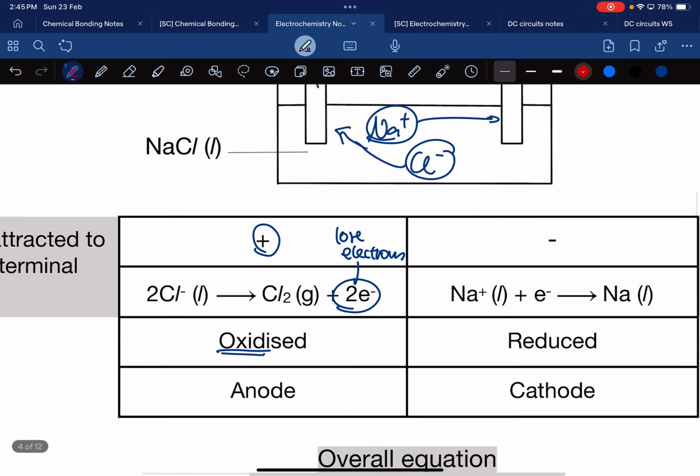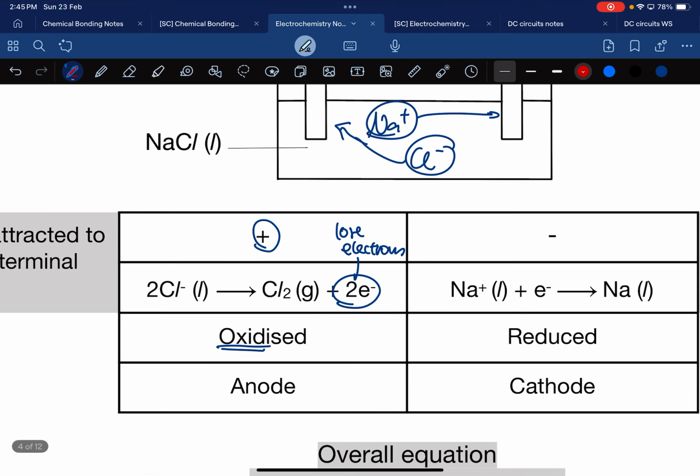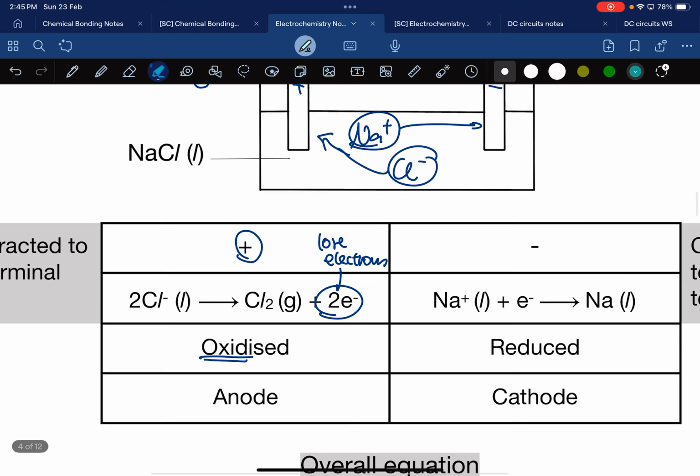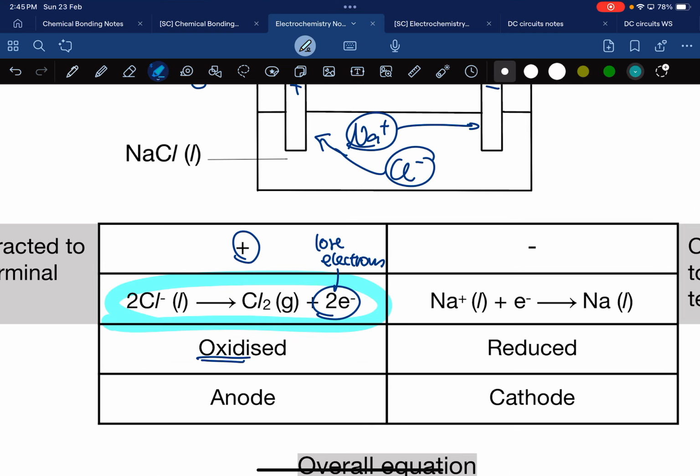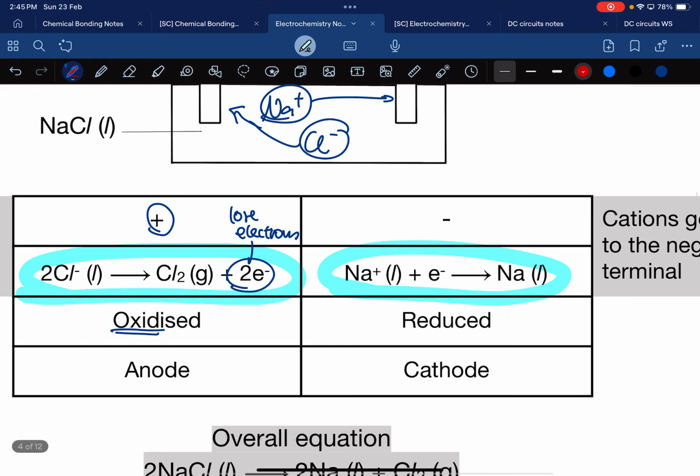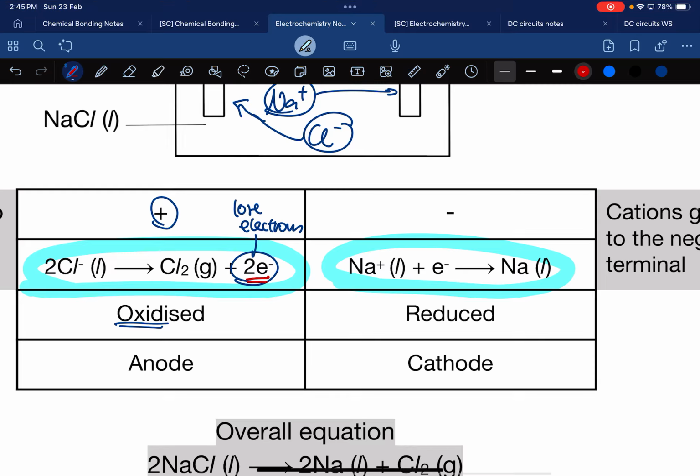So what's going to happen right now? Apart from just getting your different charges, we must also do balancing. Those of you that have done redox before have a name for these two: they are called half equations. When you merge half equations, you must make sure that the electron numbers balance out.